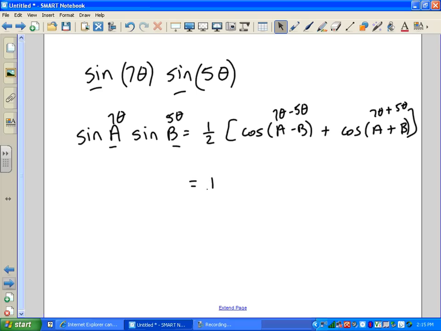So now we'll get 1/2 times the cosine of 2 theta plus the cosine here of 12 theta. Okay, and now we can just distribute our half through that.